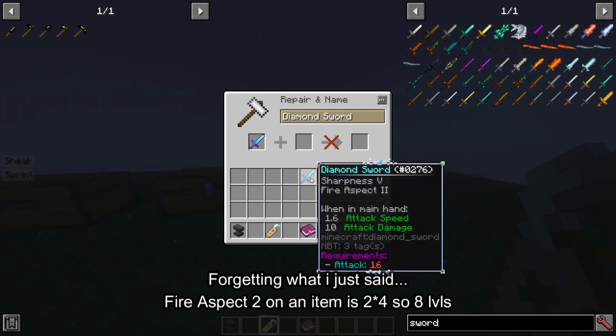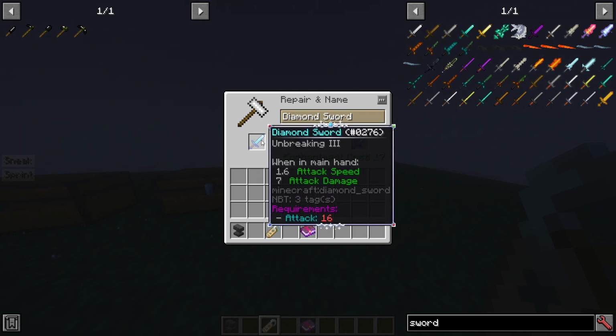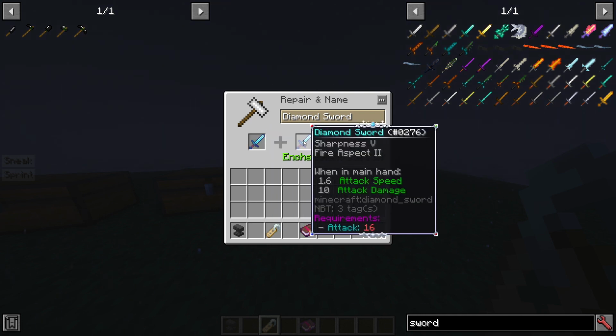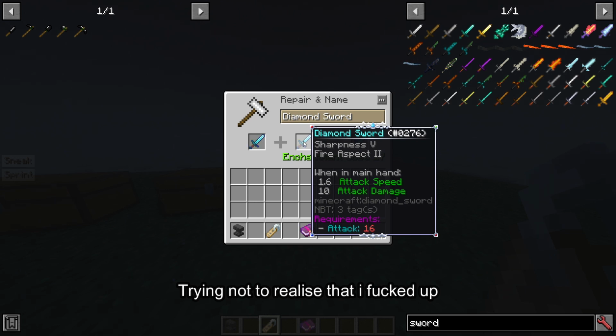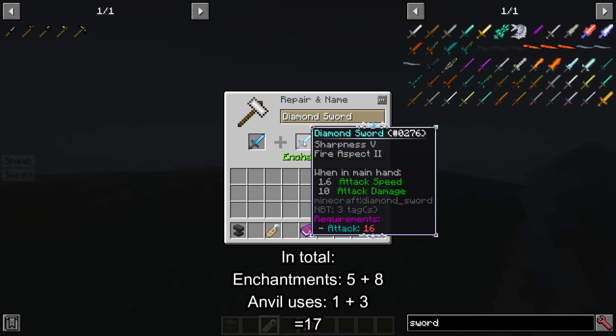But we also pay the Anvil use costs of both items. So we pay 1 level for the Anvil use cost of this and 3 levels for the Anvil use cost of this. No, wait, fire aspect we pay 8 for because it's on an item. So 5 plus 8 is 13 plus 3 is 16 plus 1 is 17.